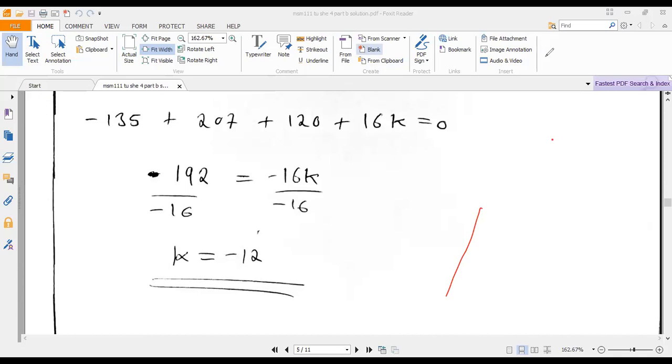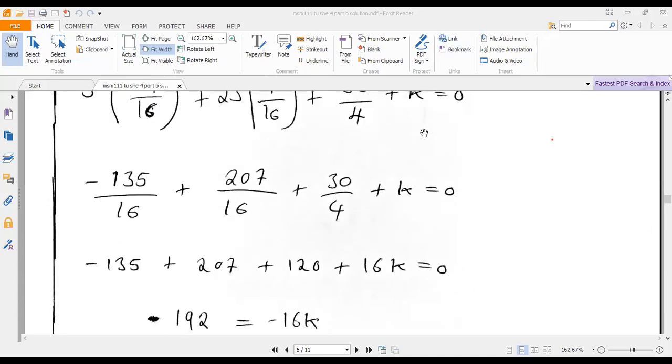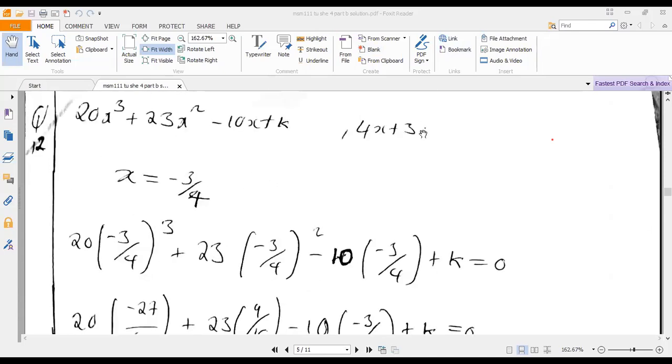I was asking, on the first part where it is 20 in the brackets, it's -3/4.